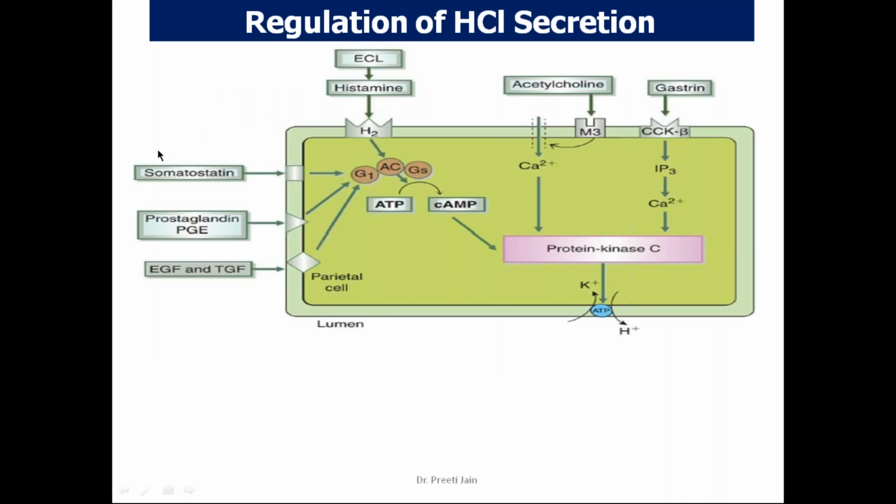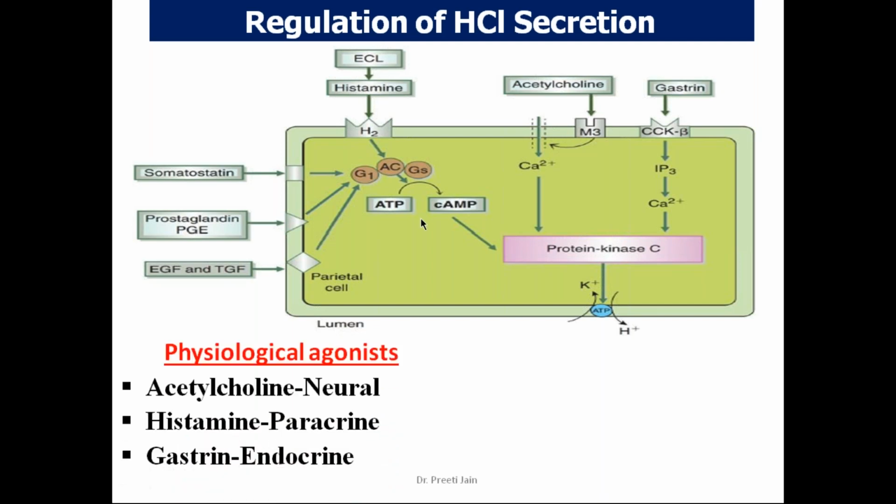Now, there are three major mechanisms by which the regulation of HCl secretion occurs. These are known as the physiological agonists, right? This is showing you a parietal cell. In the parietal cell, you can see the presence of receptors on the parietal cell membrane. You have the H2 receptor, the muscarinic receptor, and the gastrin receptor.